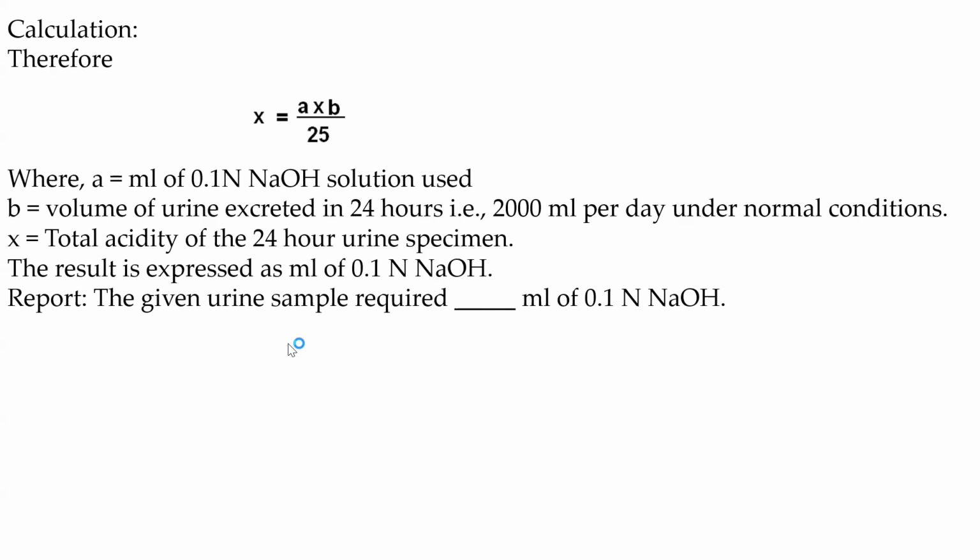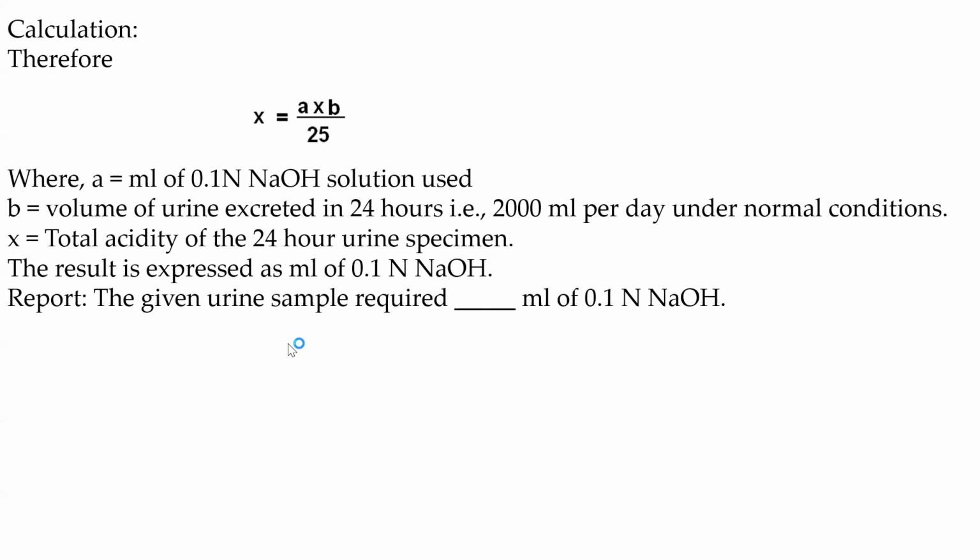And then V is the volume of urine excreted in 24 hours, that is 2000 ml per day under normal conditions. So that is the volume of urine that you are going to use.